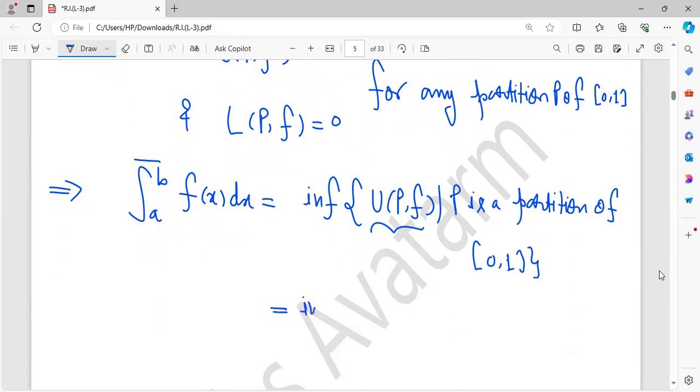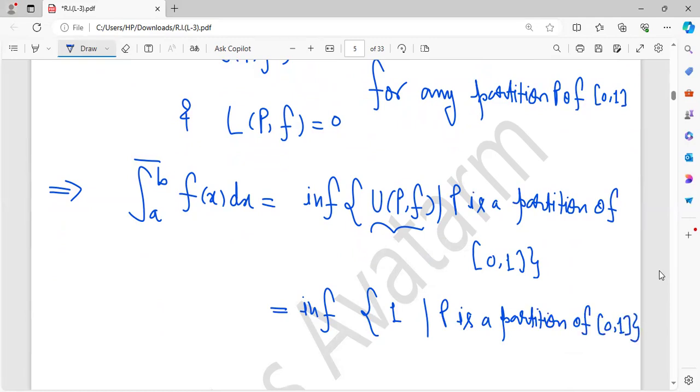Every time you take any partition, this is 1. So you are taking the infimum where each value is 1. What is the infimum?